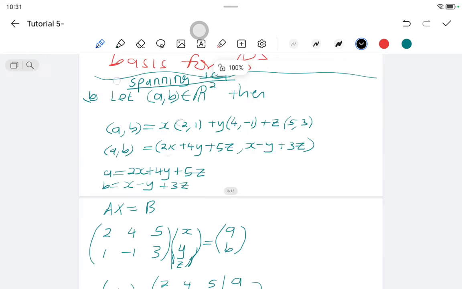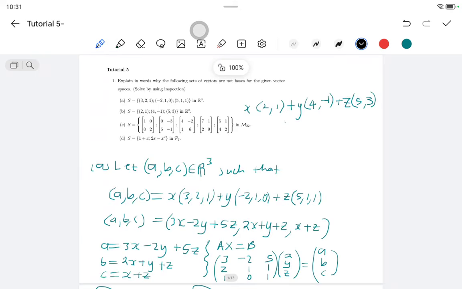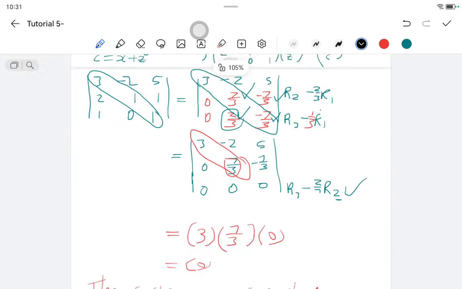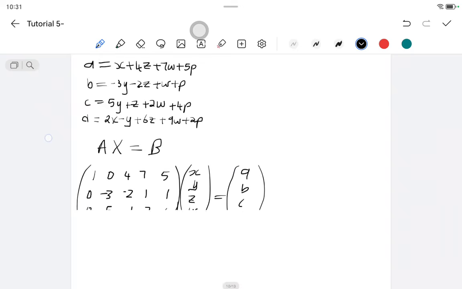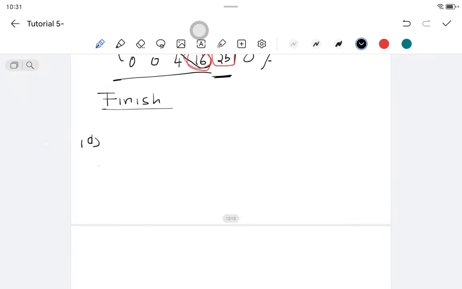Let me see. We are given that S. They say S is equal to 1 plus x, 2x minus x squared. One plus x, x minus x squared. Yeah, I don't think the problem is.